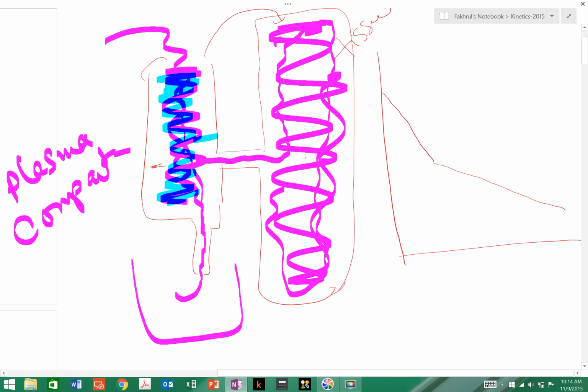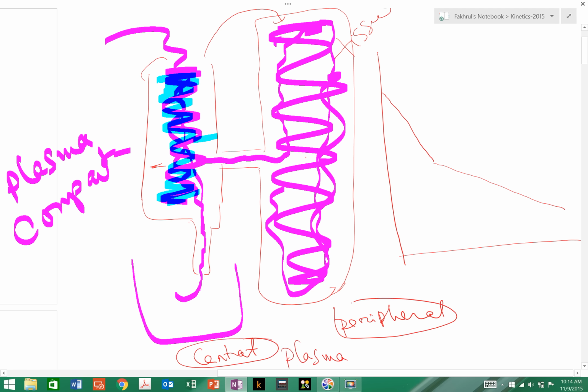This is called central compartment, and this would be called peripheral. For simplicity, you can say plasma, and this one you can say tissue. This is the tissue compartment.